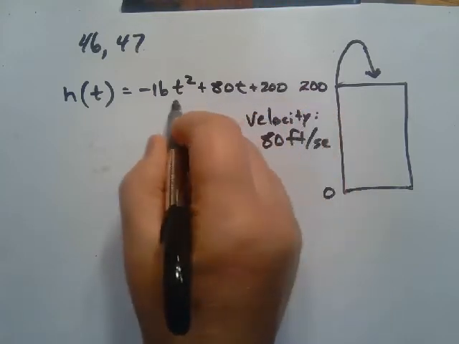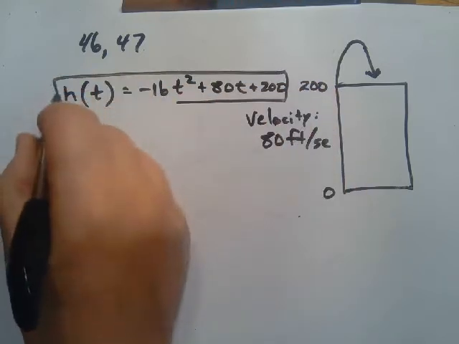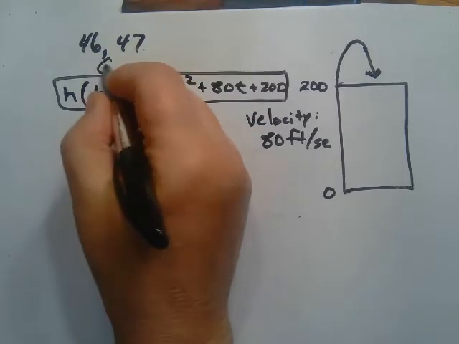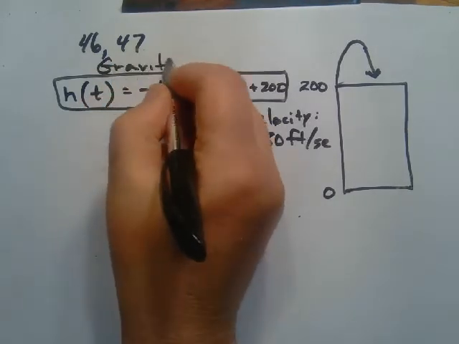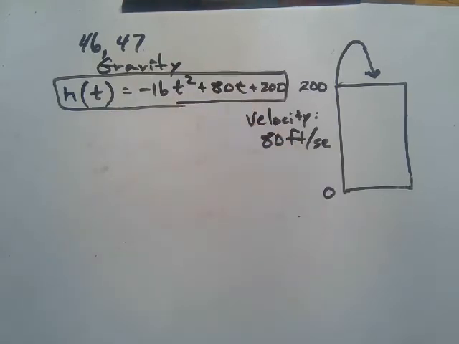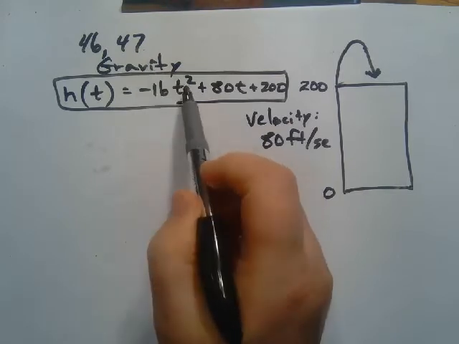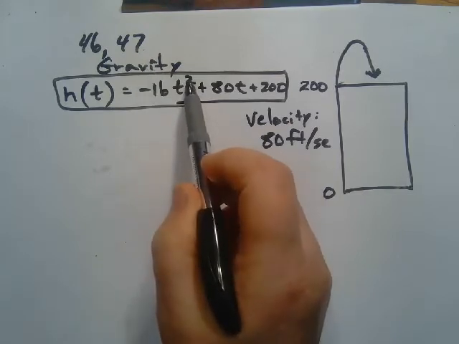Now, we're going to use this formula here to talk about the basic general formula for gravity. This is the formula for gravity. I want you to notice that there's a couple things in here that are never going to change. In a gravity formula, it's always going to be t squared.